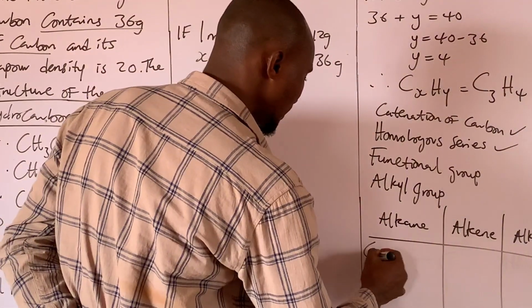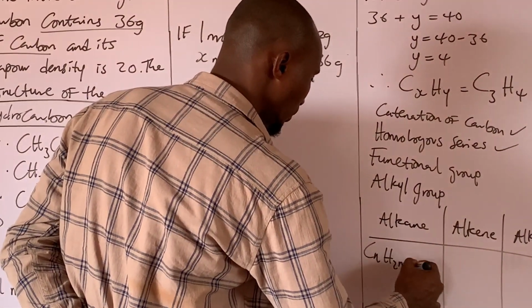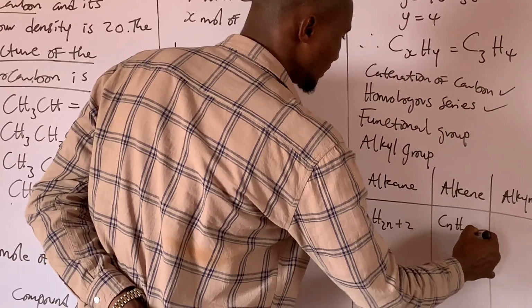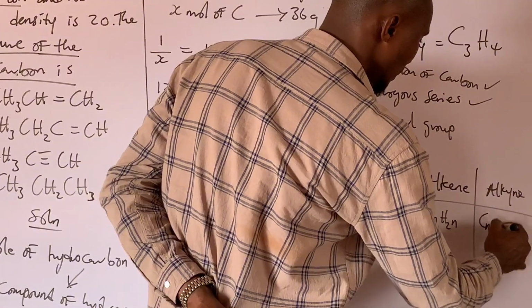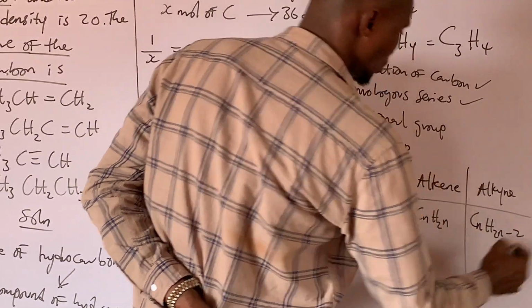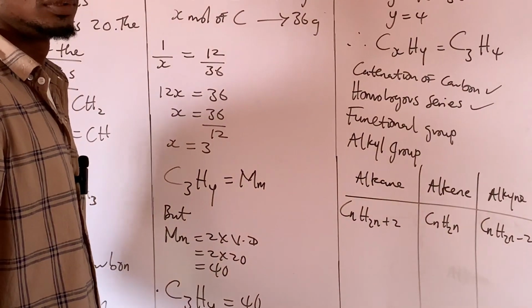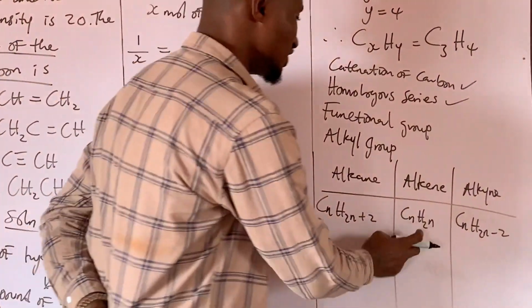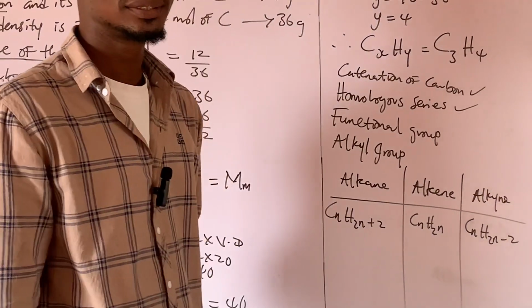The formula for alkane is CnH2n+2. Alkene is CnH2n. Alkyne is CnH2n-2. Do you understand now? The first members are methane, ethene, ethyne.